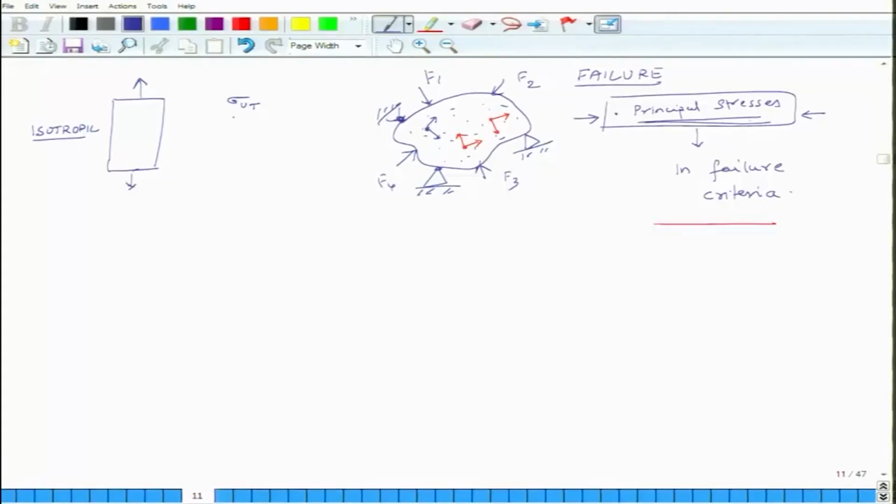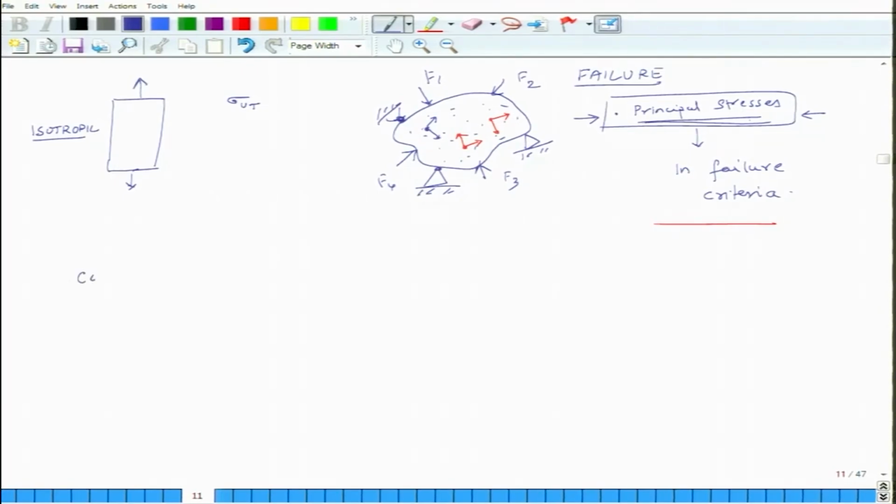Okay. So, typically we have 5 or 6 important parameters which we use to characterize the failure of a single unidirectional composite. Unlike isotropic materials which have the same strength in all directions, composite materials have different strengths in different directions.